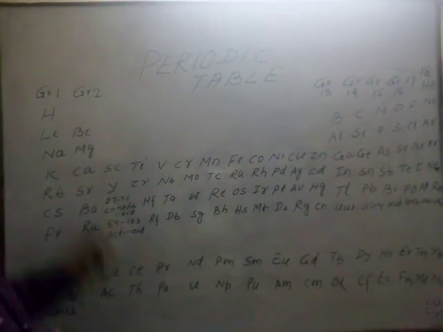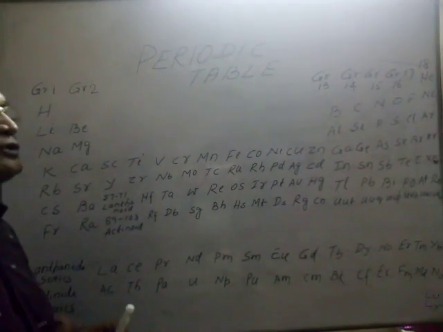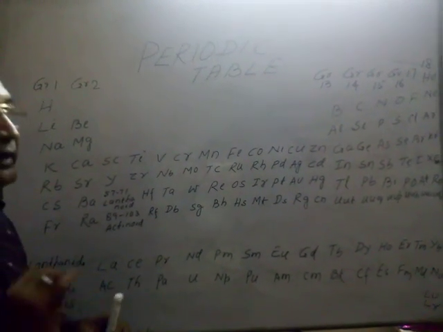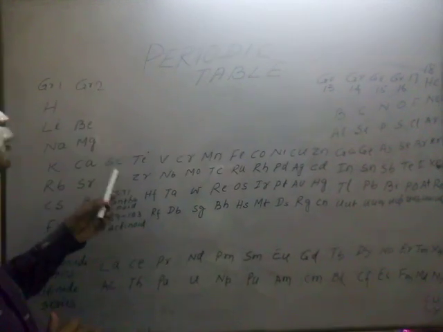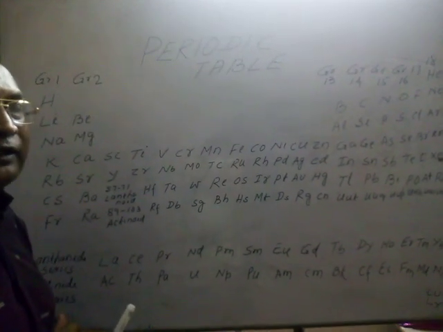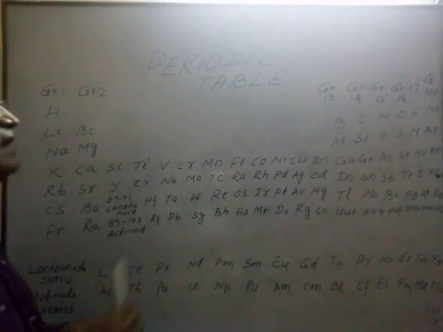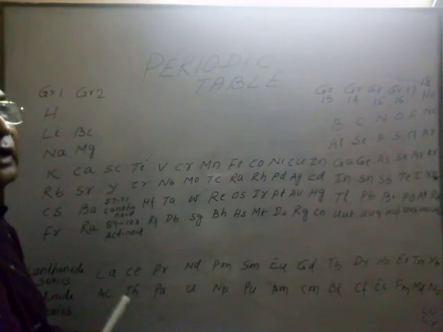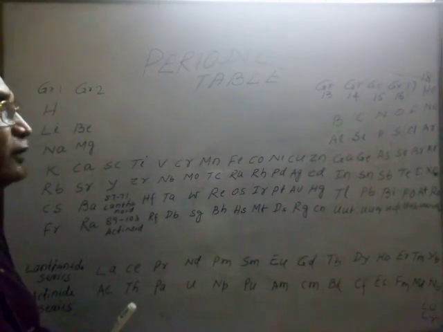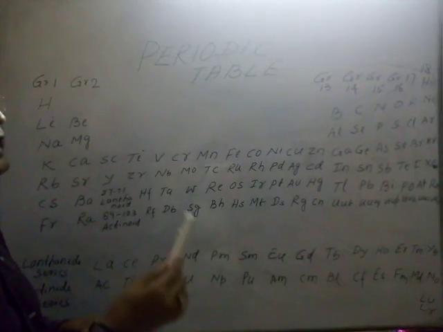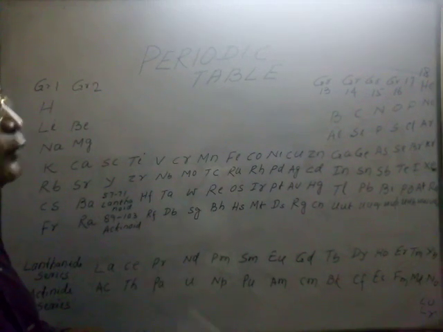In group 1, in the outermost shell, the number of electrons is only 1. In group 2, in the outermost shell, the number of electrons is 2. Like that, in group 13, the number of electrons in the outermost shell is 3. In group 14, it is 4.